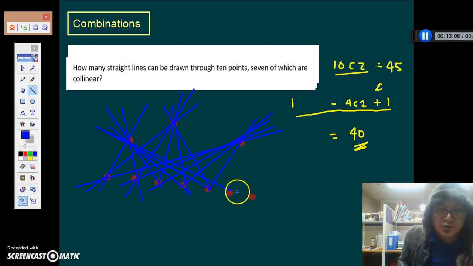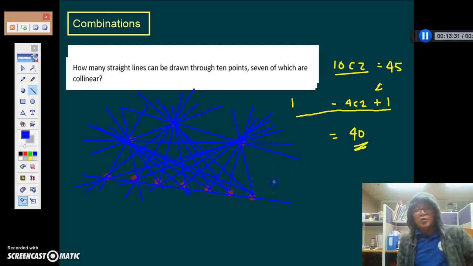We have 16 lines already, 17, and then 18 from this. We have 19, and then 20, and then 21. Remember, including this line also, you have 22, and then from this, this is the 23rd line. The other will be the 24th line. Then finally, this one. So you have all in all 25 lines.